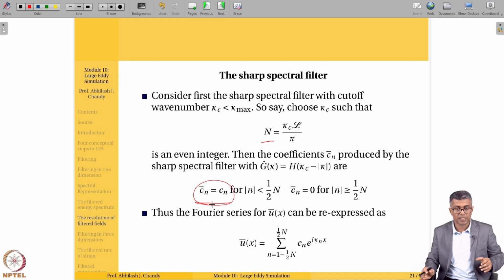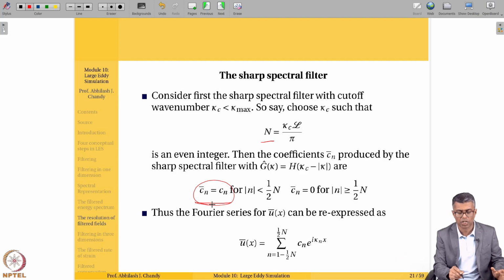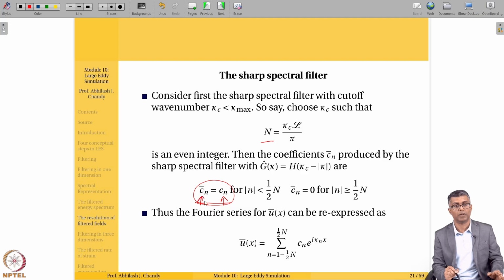So what we have done is, if you had a fully resolved field, you would take everything up until kappa c. And beyond kappa c, you would consider that to be 0. That's essentially what we are doing here. Cn bar is equal to Cn. This is a fully resolved field. This is an LES field.